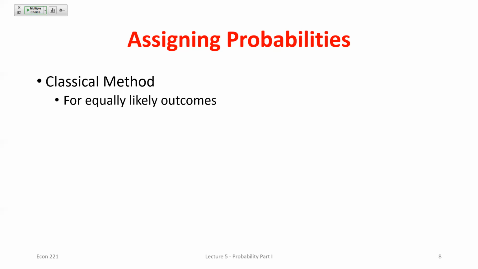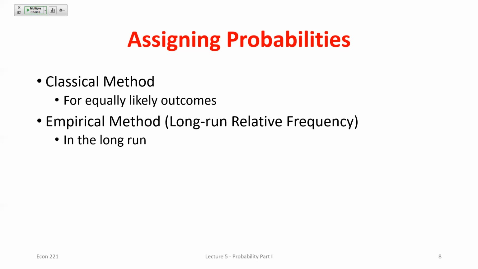I was taking 1 and dividing it by the number of possible outcomes I could see. If there's 6 outcomes, they're all equally as likely. The likelihood I see any one of them is 1/6. If I had 100 different outcomes, the probability I see any one of them, if they're all equally as likely, is 1 out of 100. 1 out of the total number of experimental outcomes. So that one's not terribly interesting.